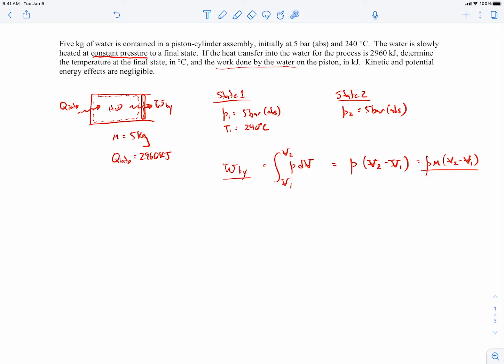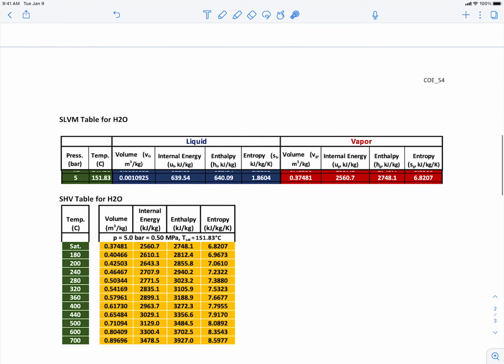So let's find the specific volume first at state 1. Okay, so I know the pressure and the temperature. I'm going to go to the saturated liquid vapor mixture table for water organized based on pressure, since I'm given 5 bar here. So let me go do that. I've got the table here.